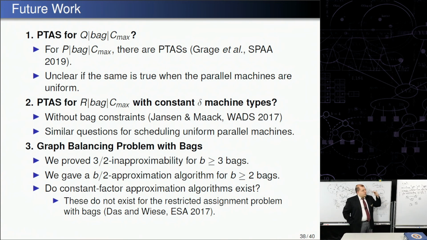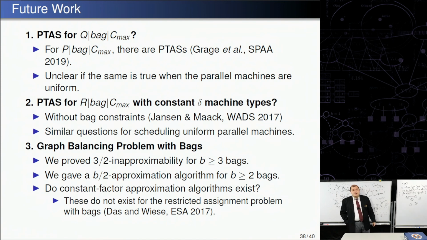Given the first problem I showed you during this talk, identical parallel machine scheduling, makespan minimization, the one where I did list scheduling, if I introduce machine speeds to my machines, that still has a PTAS. If I then tack on the bag constraints, is there a PTAS?